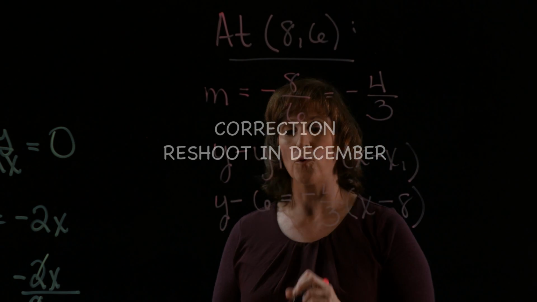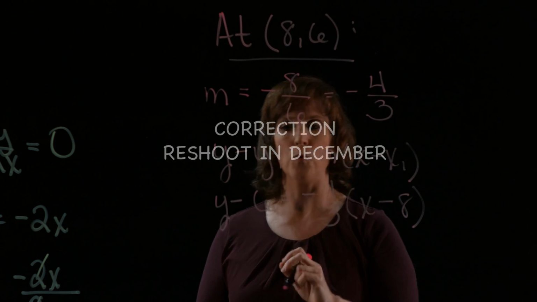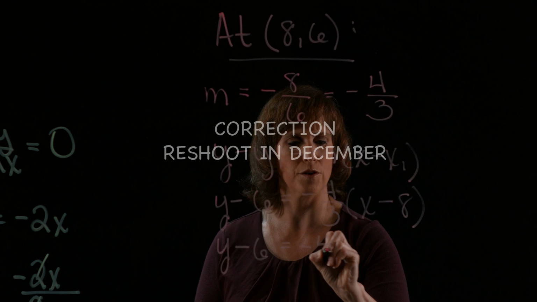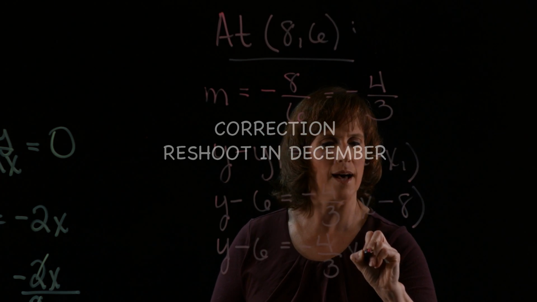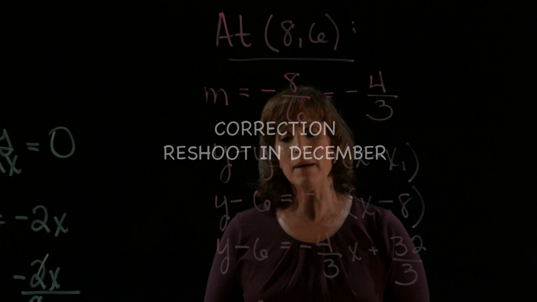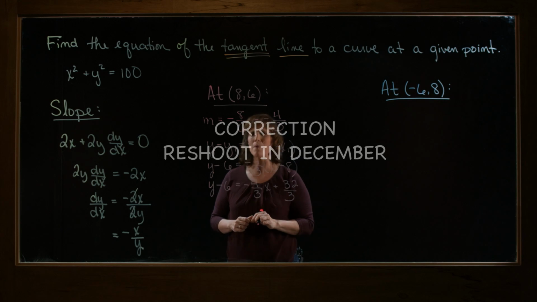I now need to solve for y. So first I'll distribute the 4/3 across. I have y minus 6 equals negative 4/3 x plus 32/3. And then I'm going to add 6 to both sides. Now remember, 6 is the same thing as 18/3.